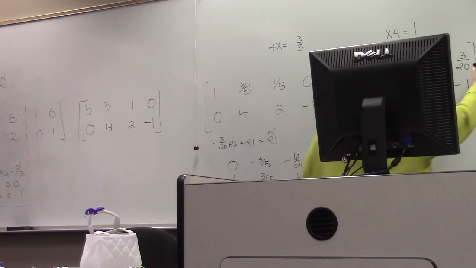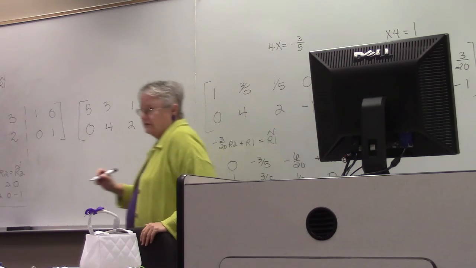And I'll just be happy with that. 1, 0, negative 1/10, 3/20, 0, 1, 1/2 minus 1/4. So there's my inverse matrix.